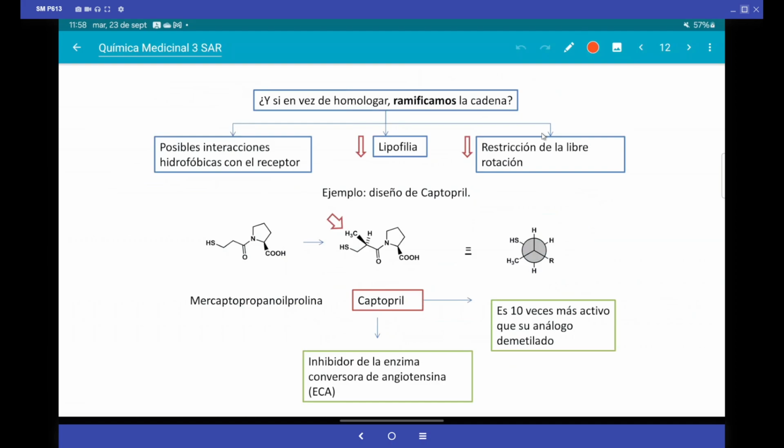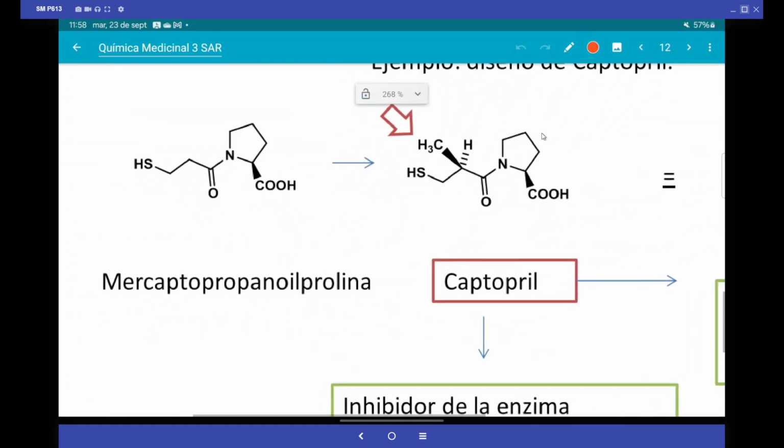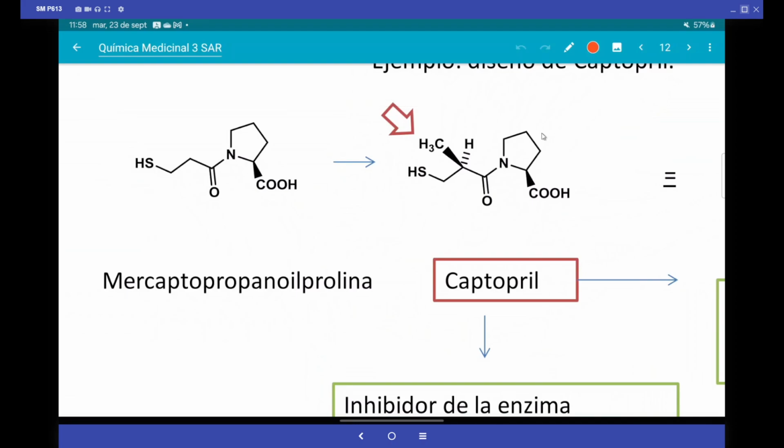We have here a classic example. It says mercapto propanoyl proline. Where is the proline? That of mercapto is because it has sulfur.